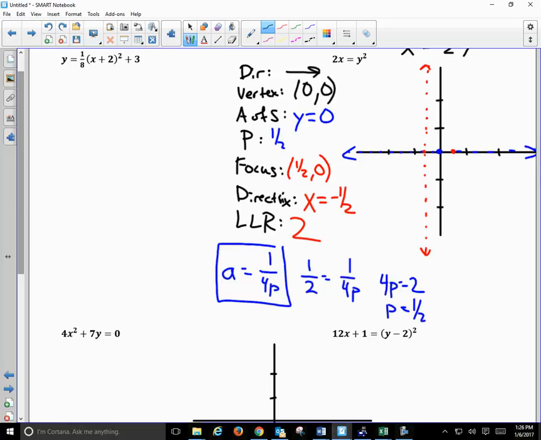So I'm going to go 1 unit up and 1 unit down. Oh, not very good. Better. Okay, so that's my latus rectum, and I'm now going to use it to sketch my perfect parabola.